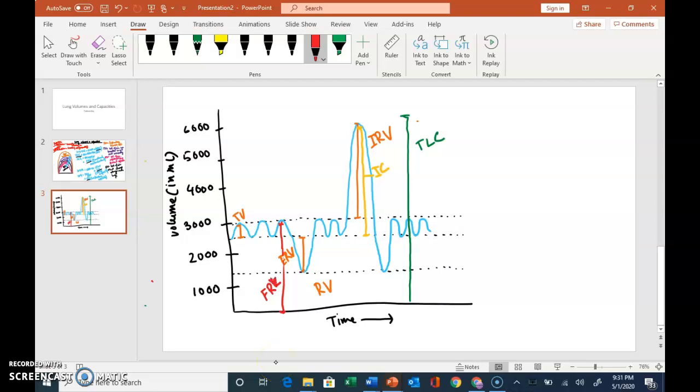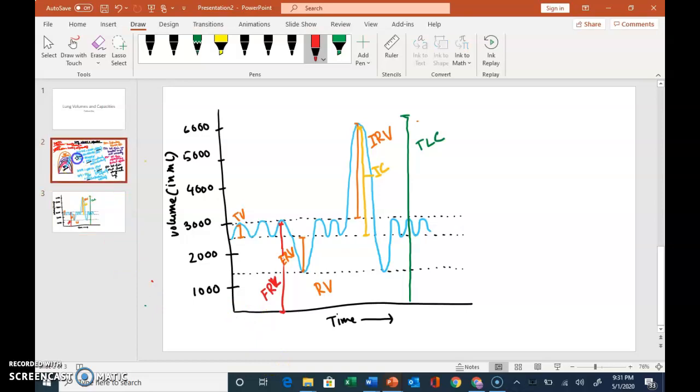So we have total lung capacity, inspiratory capacity, functional residual volume.